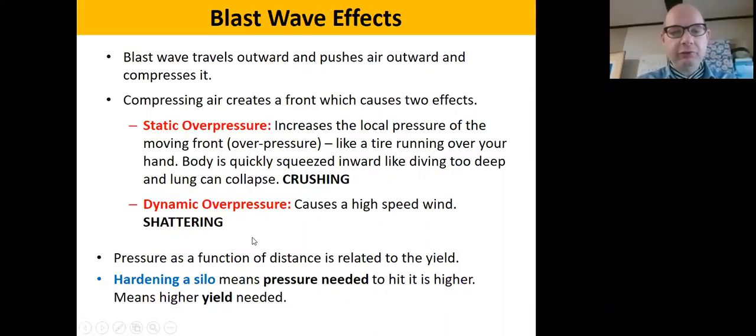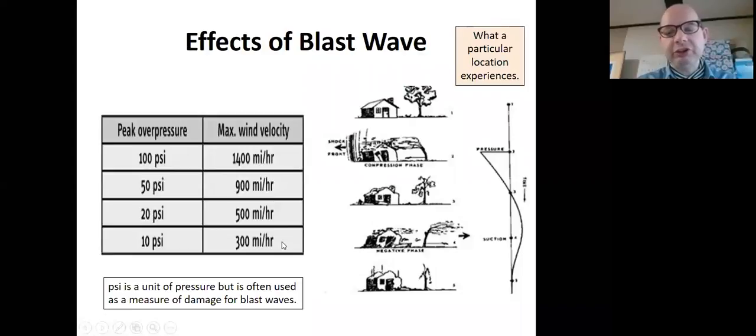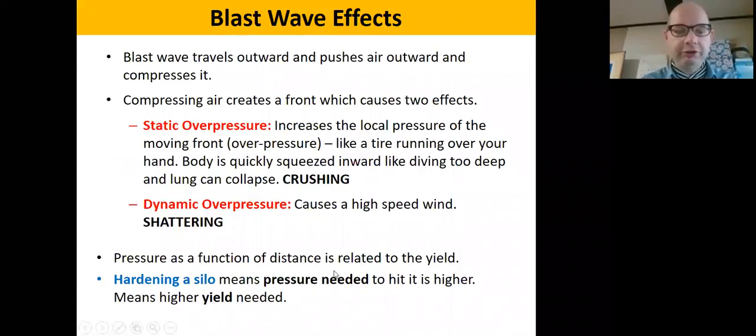When you get such a high wind, it destroys everything, but it also transfers that wind energy into objects, and those objects travel very fast and can hit people and different things. So the energy is carried into objects. The objects travel very fast and could cause further damage. So it's not just the wind; the wind carries objects which do the damage.